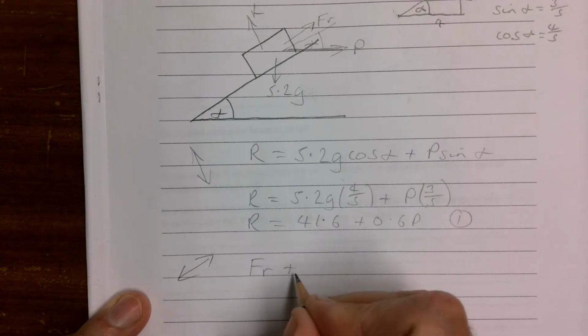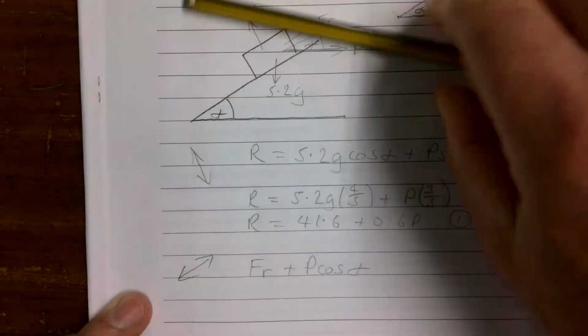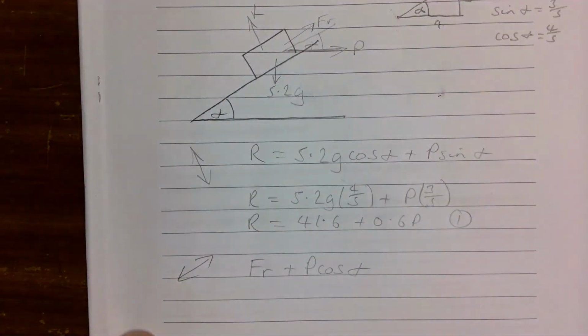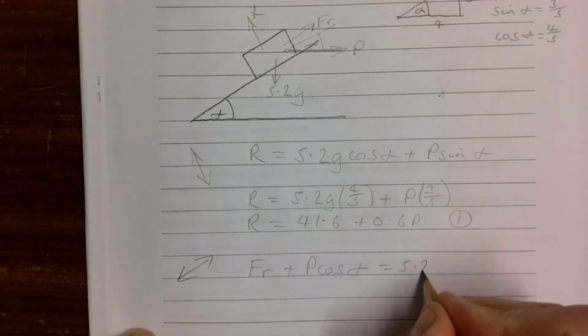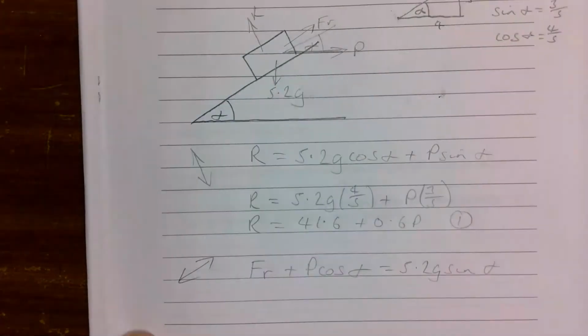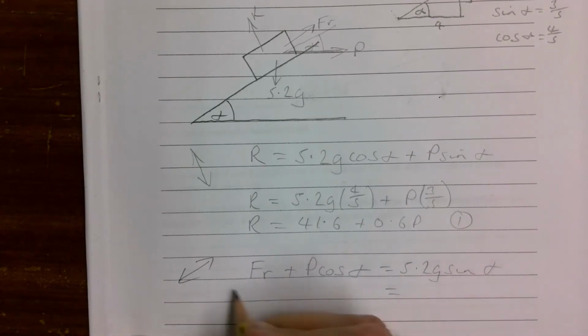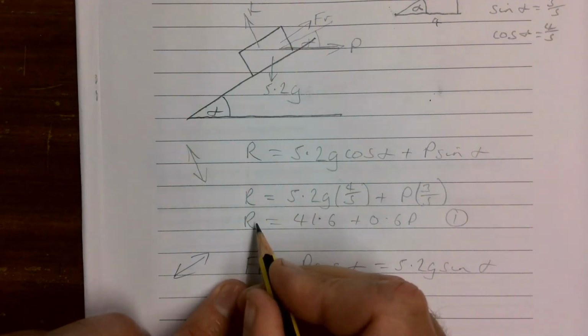Plus P cos alpha, because my P has been resolved this way here, equals 5.2 G sine alpha, resolving sine down the slope. 5.2 G, and let's tidy again. Also, are we happy? Let's change that actually so we can just have our two unknowns.